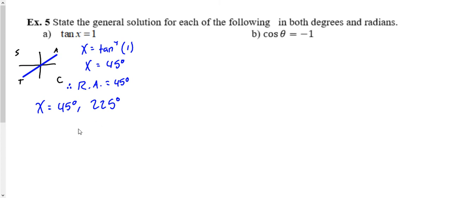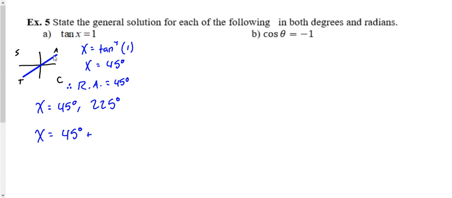So our general solution is going to be x equals 45 degrees plus, and I don't want to go 360 because if I go 360 I get back to the same one, but really this is one giant line, so I want to go from 45 to this exact position here.